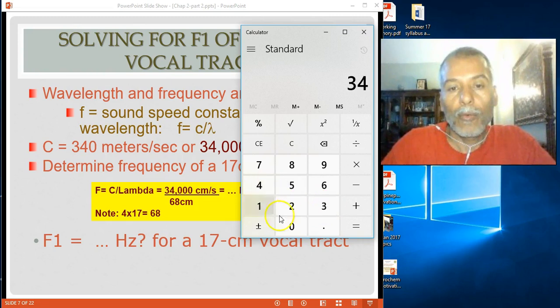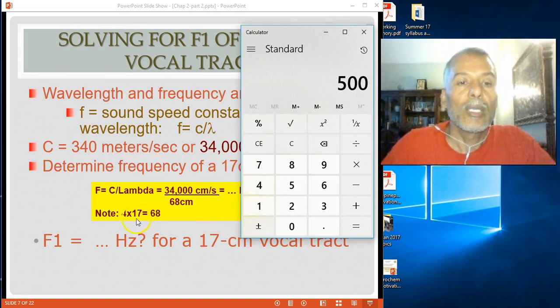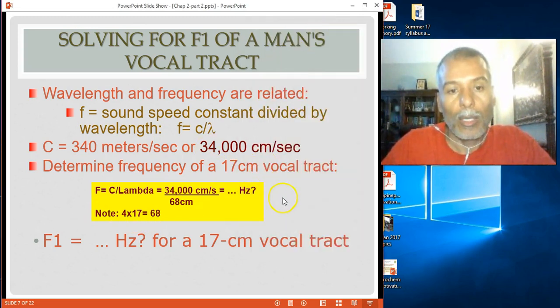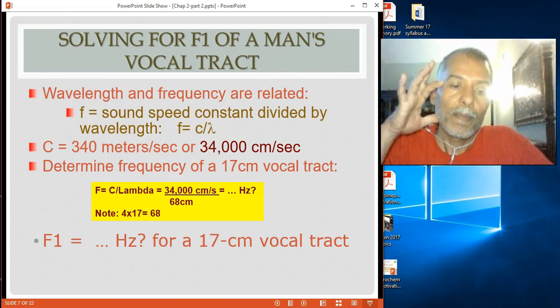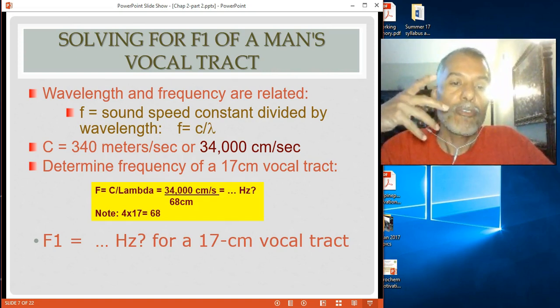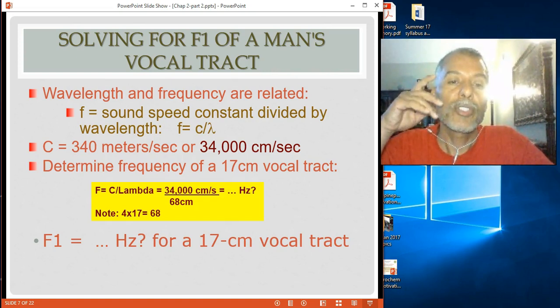So 34,000 divided by 68 equals 500. That will be 500 hertz. So that man's vocal tract is going to resonate at 500, or the natural resonant frequency is 500.